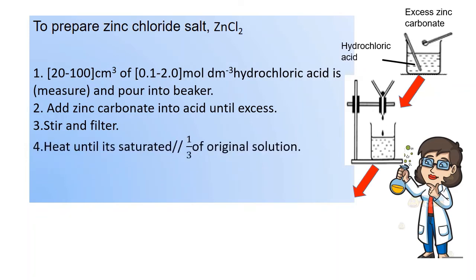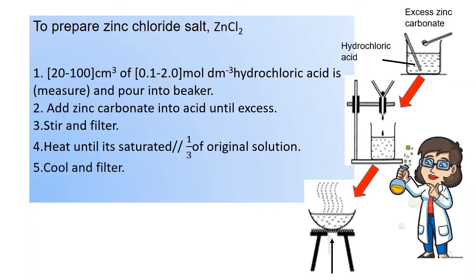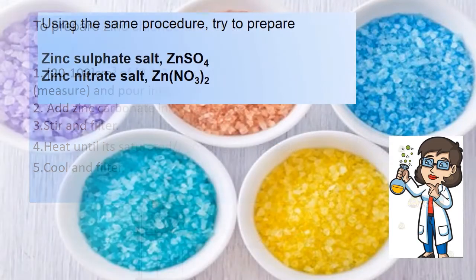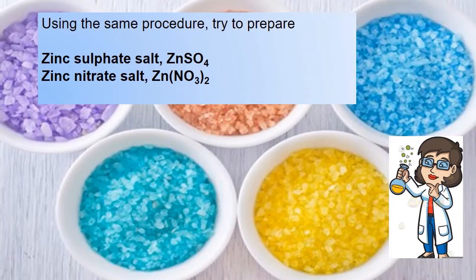Number 4, heat until it is saturated or 1/3 of the original solution. Number 5, cool and filter. Using the same procedure, try to prepare zinc sulfate salt and zinc nitrate salt.